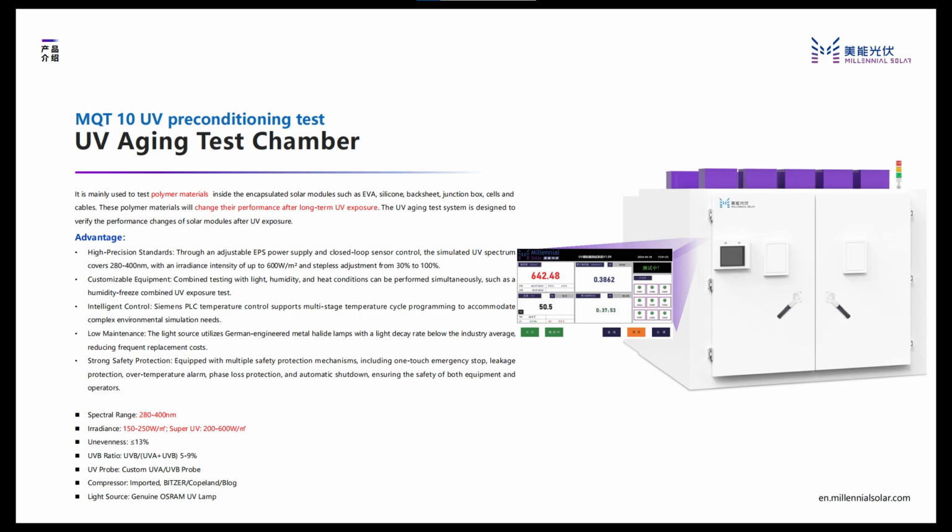Now we are at MQT10, the UV preconditioning test. The UV preconditioning test is mainly used to test polymer materials inside the encapsulated solar modules, materials such as the EVA, the silicon, the backsheet, junction box, solar cells, and cables.